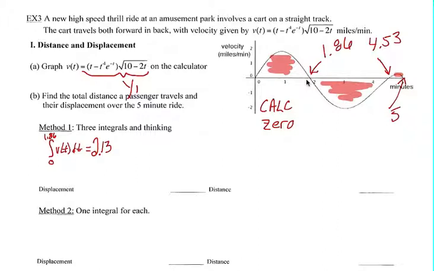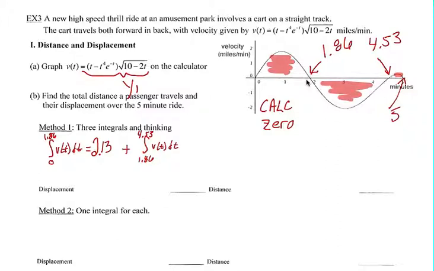And then we'll do the second integral. Right, so that's this first integral plus the second integral, and it's going to be the integral from 1.86 out to 4.53. Our function, it's going to be Y1. Right?